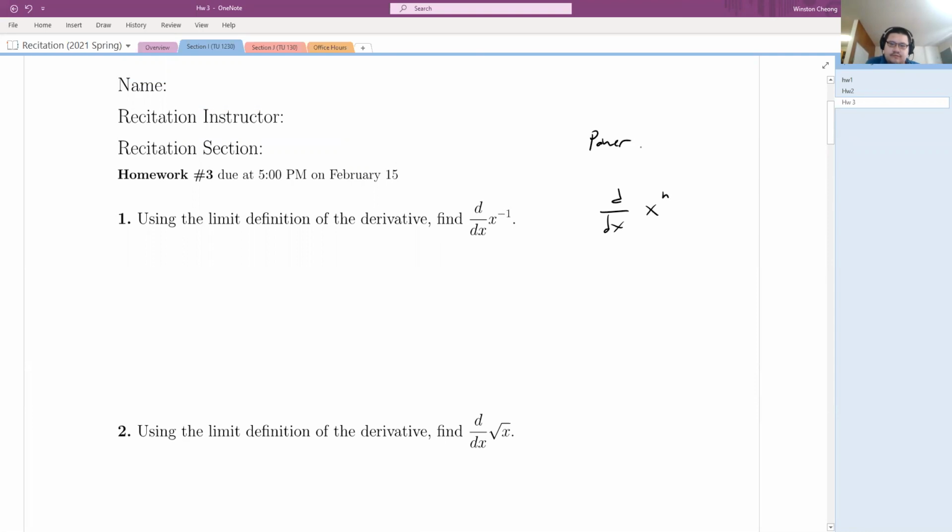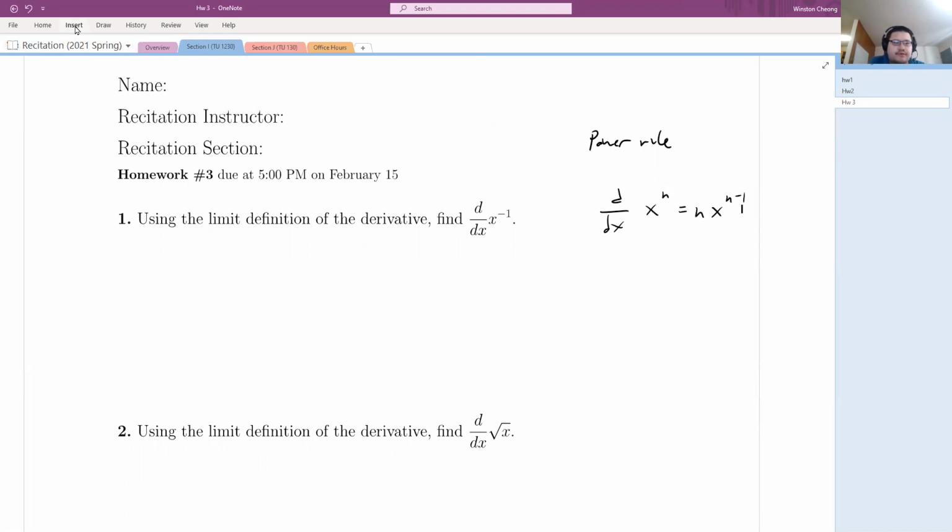If you have x to some power n, where n is just a number, it can be an integer, it can be a rational, meaning a fraction, it can be a real number, the derivative is just n times x to the n minus 1. You drop the n down as a coefficient, and you subtract 1 in the new exponent.